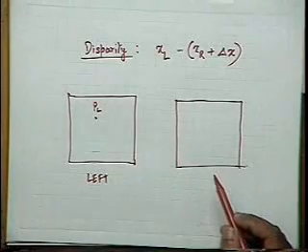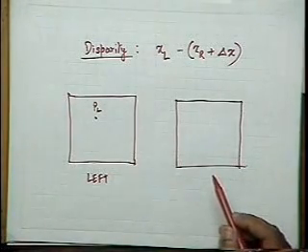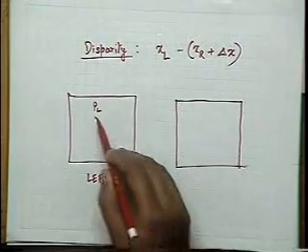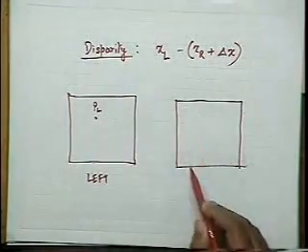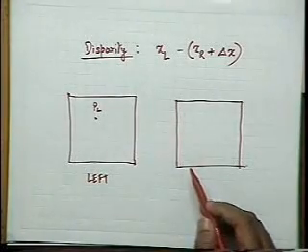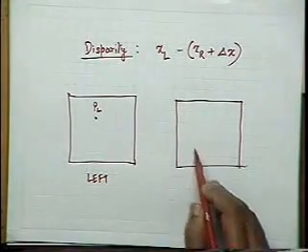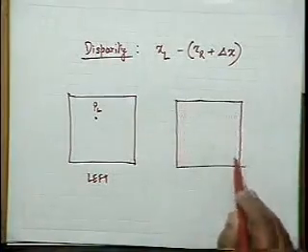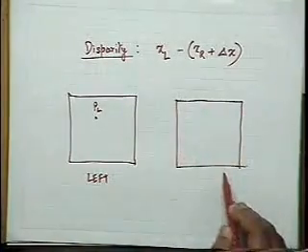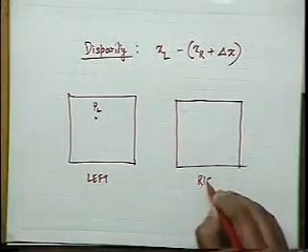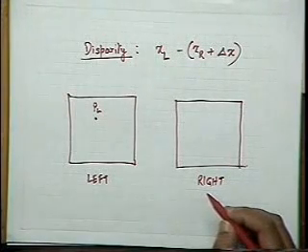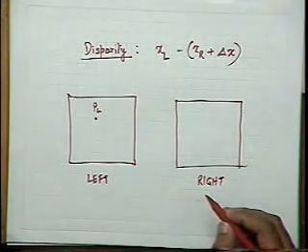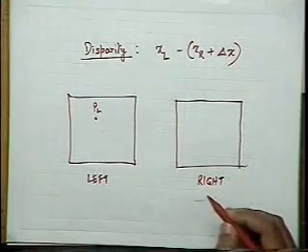But without putting any constraint, if we want to search for the corresponding position of PL in the right image, then we should search over a two-dimensional space, isn't it? Because the point can lie anywhere on this two-dimensional plane of the right camera. So if there are n pixels in the x direction and n pixels in the y direction, then over n square pixels we have to make a search.